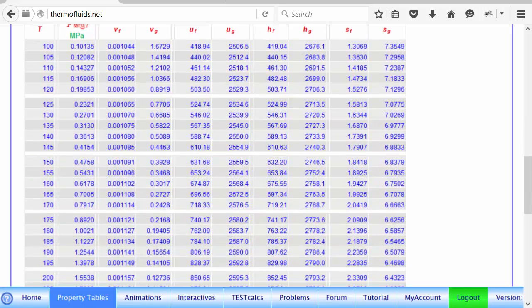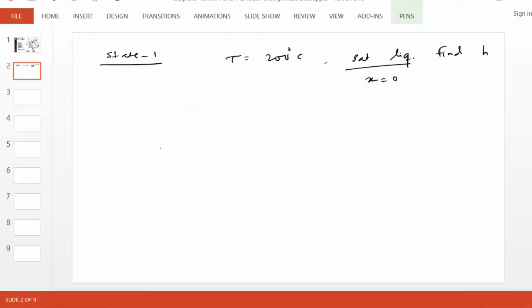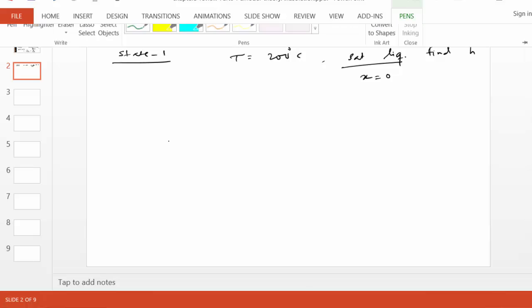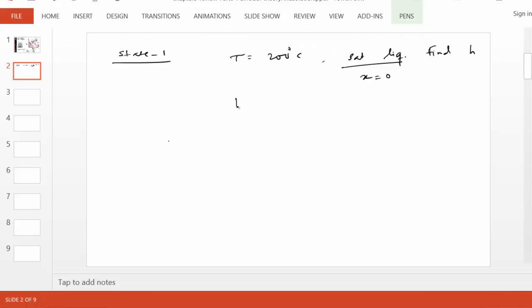So we go and pick it up here. Hf is 852. We'll just not write the unit every time because these are standard SI units.